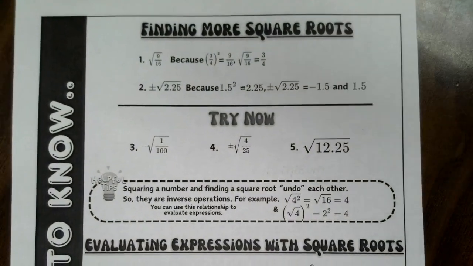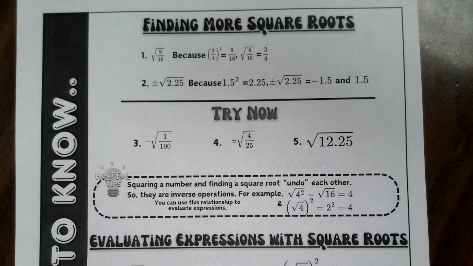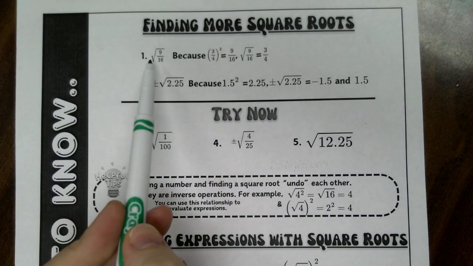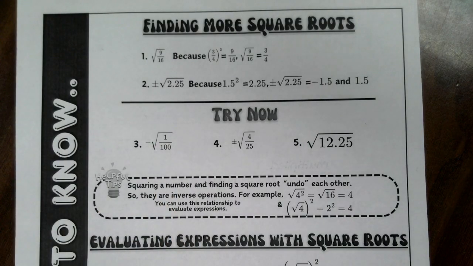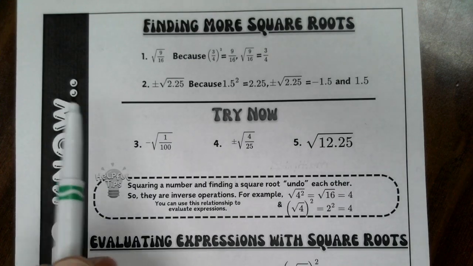Okay, let's turn it around and look at the other side. Finding more square roots. It gets a little bit more complex, but really it's not super challenging if you understand what you're doing. So here I have the square root of 9/16. What I'm going to do first is look at each of those numbers individually, because I know there is a number times itself, or a number squared, that equals 9.